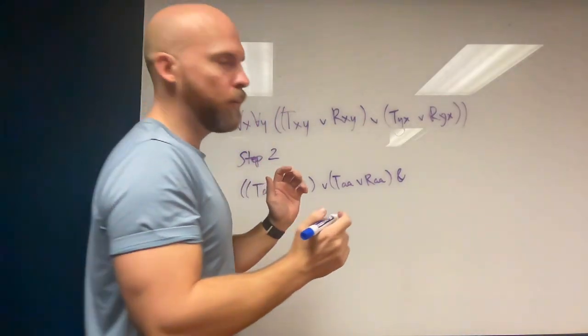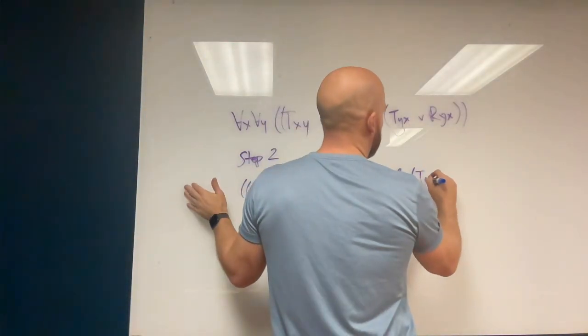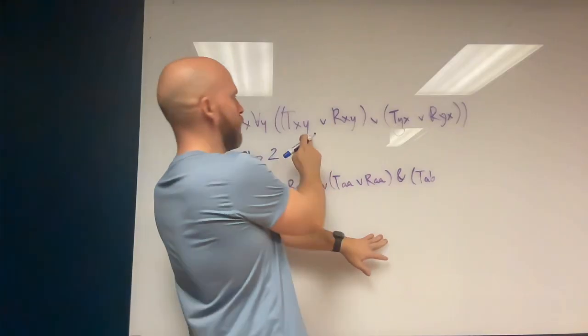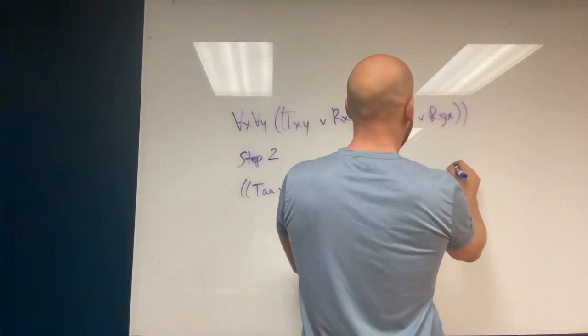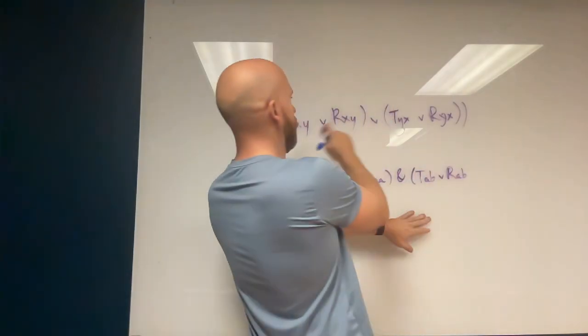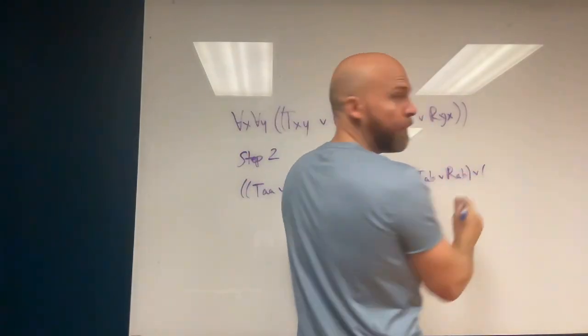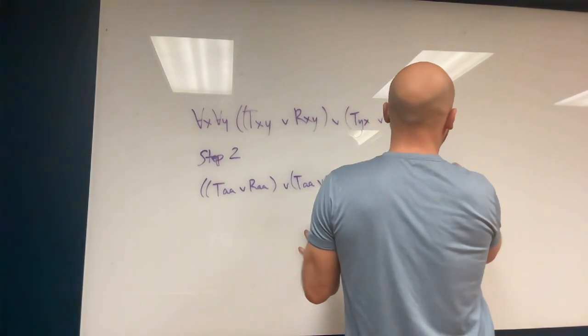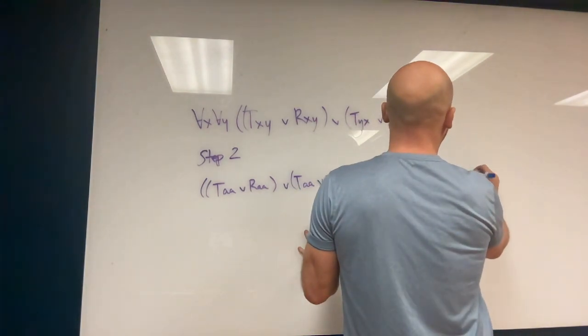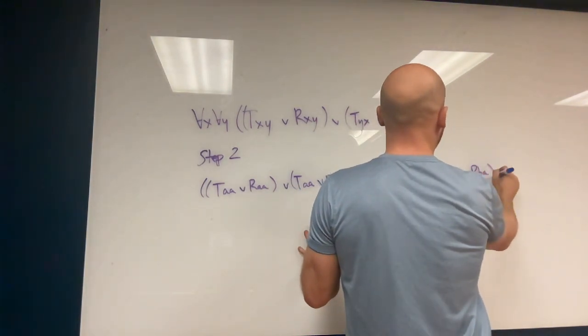And now what we're going to have to do is introduce TAB. So again, we're going into that y space, or RAB, that y space, or, so you can see this, TBA or RBA.